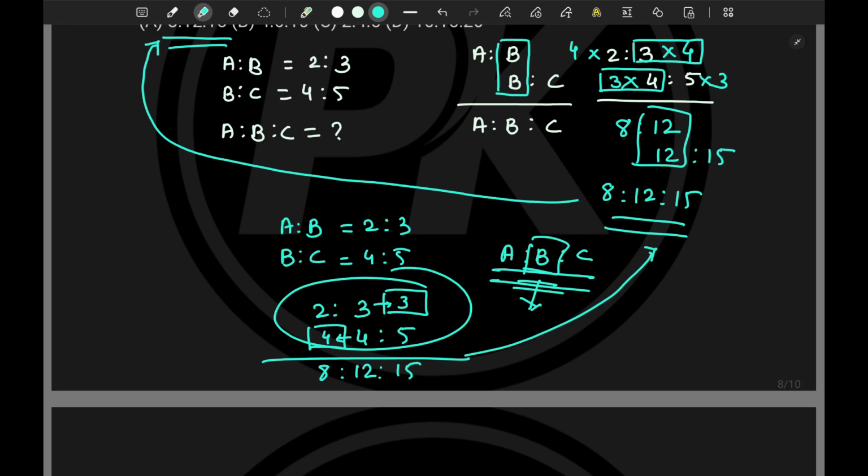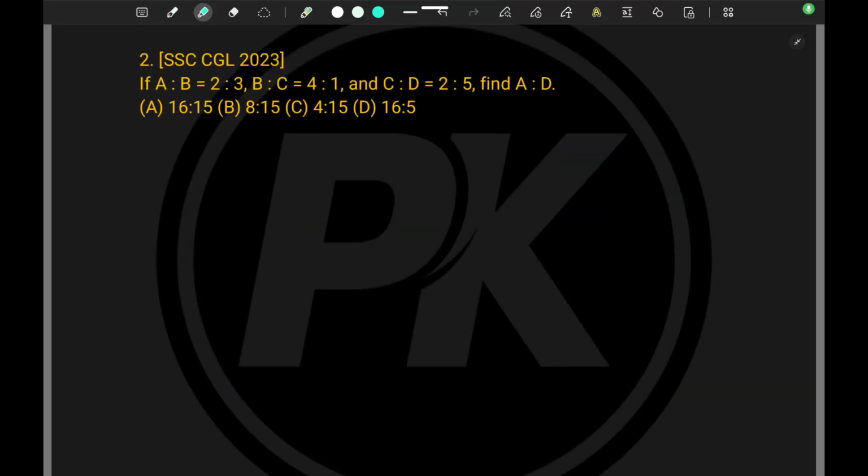Now let's move to the second example of a similar type. This question was asked in the SSC CGL examination 2023. Here it is given A as to B is 2 as to 3, B as to C is 4 as to 1, C as to D is 2 as to 5, and we have to find A as to D. This was a very simple example.